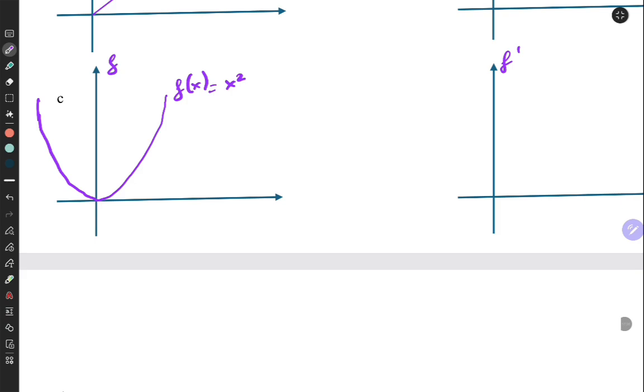Let's go. Try to plot this one, the derivative. What does it look like?